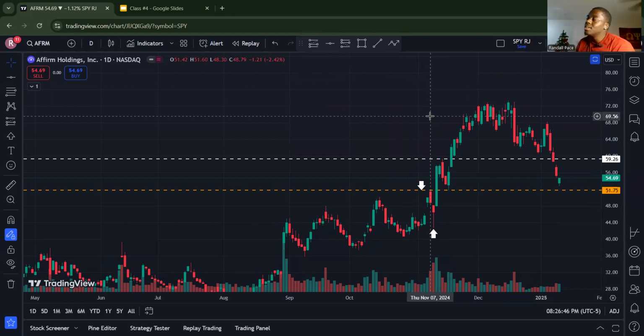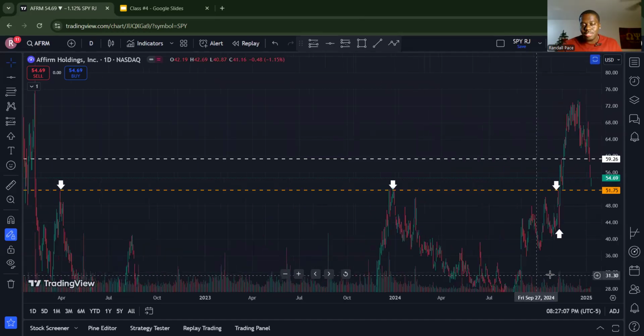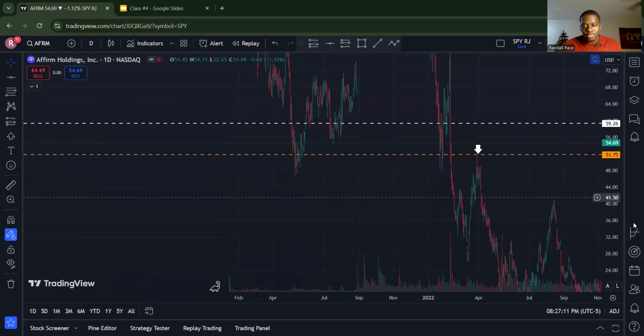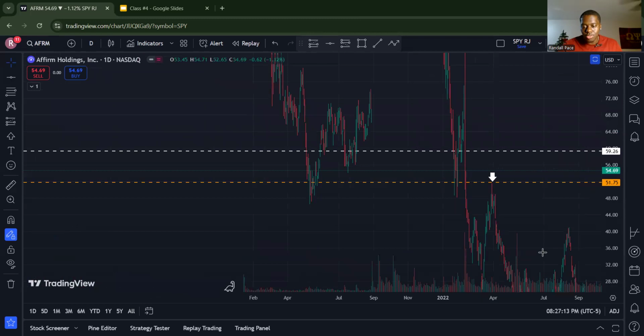What concept can you use to figure out how far a stock can go up or down before it gets into trouble? Key levels. Exactly. So you can take that high, or you can say, all right, let me see if I have a key level somewhere that I can really, really use.